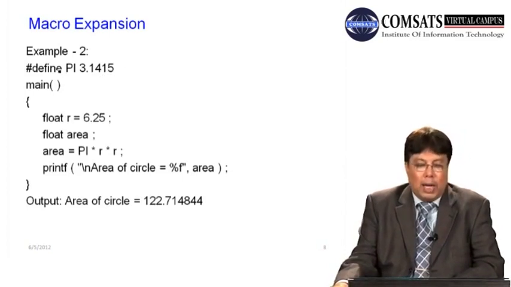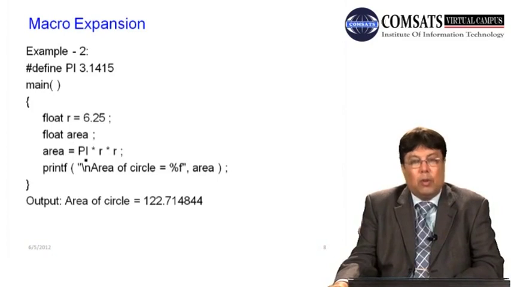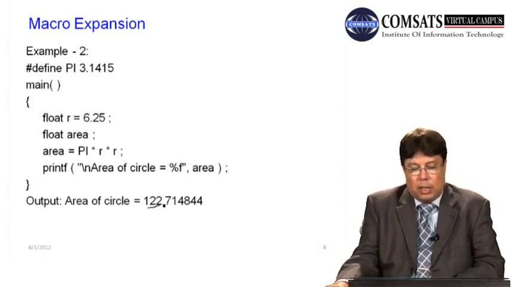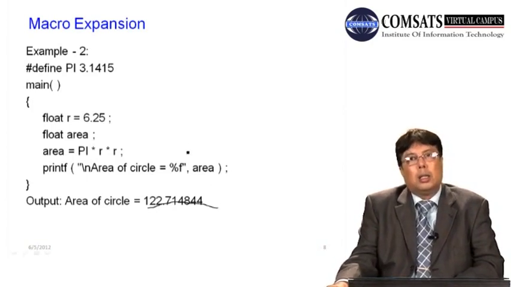So the value of pi has been defined here, and the area is equal to pi multiplied by r squared, and the value of r is given. So it will replace r with 6.25, and the value of area can be computed by putting the value of pi here, and you can compute the area and find that this is the answer.